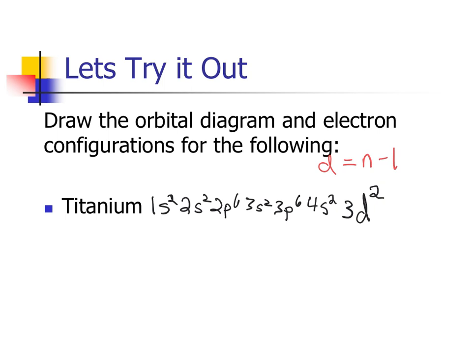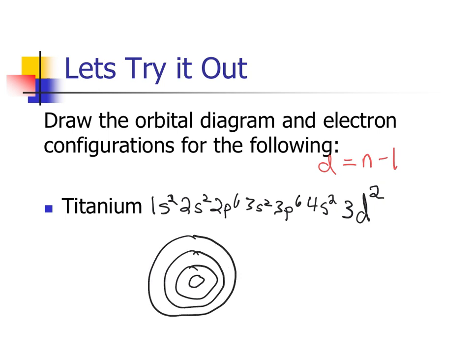The orbital has 4 circles, 2 on the inside, 8 in the next one.